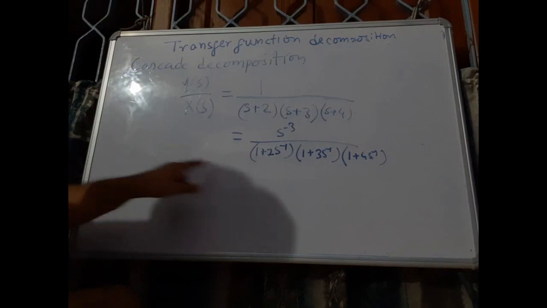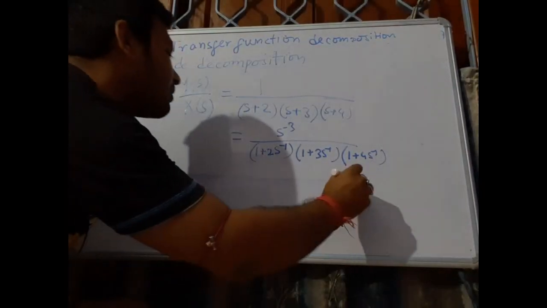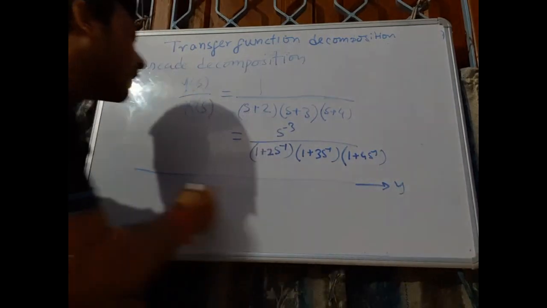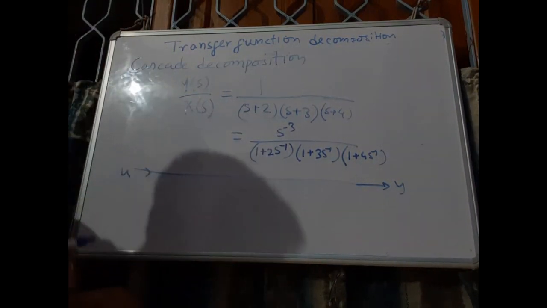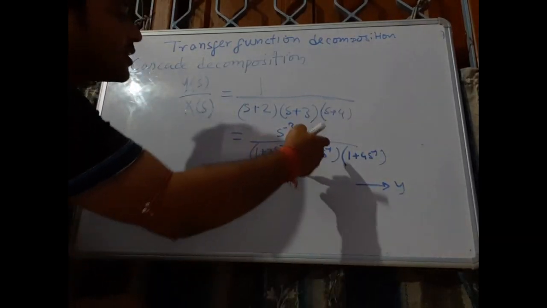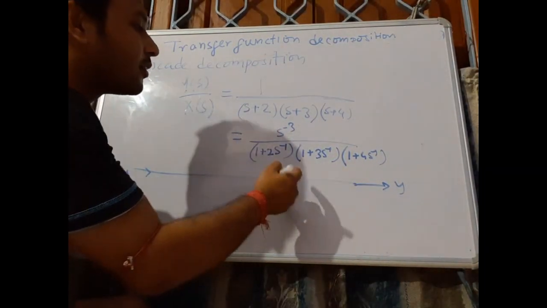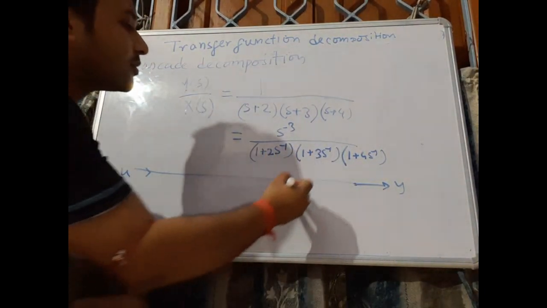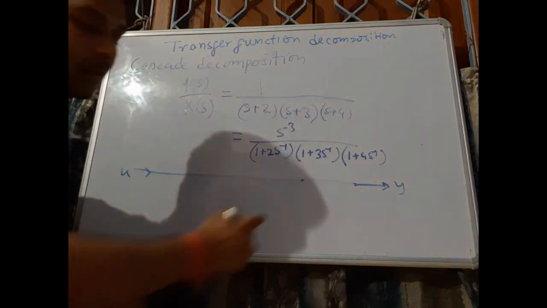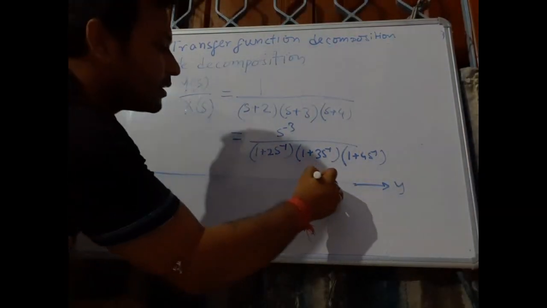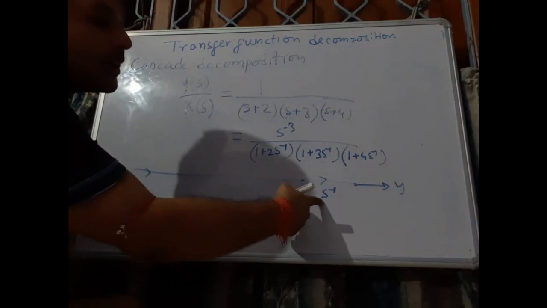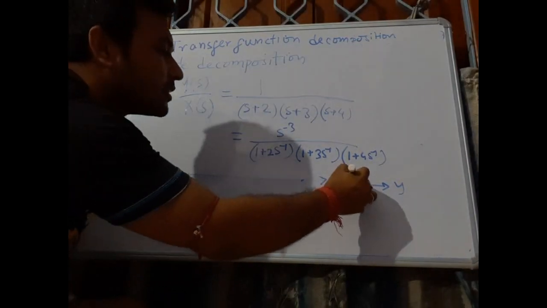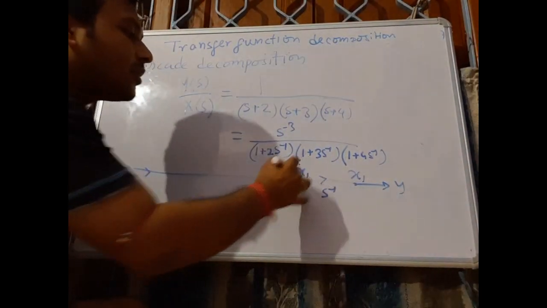Now if I draw the signal flow diagram, this is y and we are applying this input u. We have three parts. Take the first part and multiply it by the integrator operator s inverse. Say this is x1 and this is x1 dot.